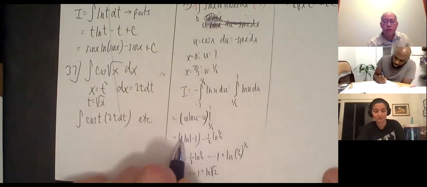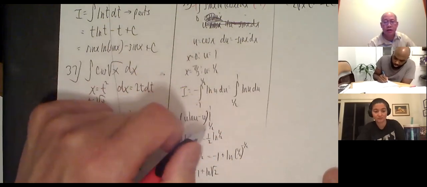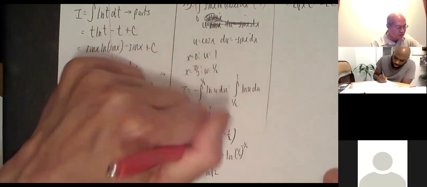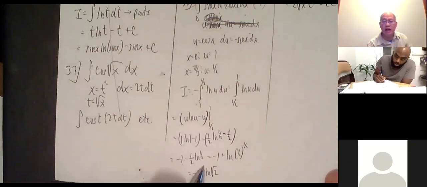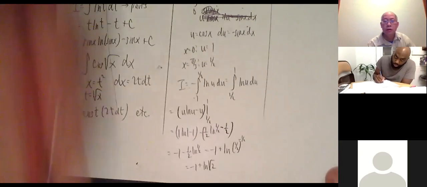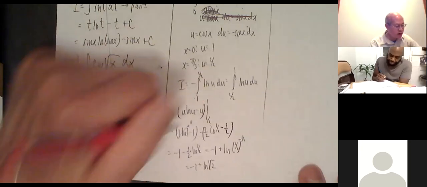Okay, plug in 1: 1 ln 1 minus 1. Plug in a half: negative a half ln 1/2. Sorry, I should have had minus a half here. Sorry, I messed up there. Minus a half. Okay, so let me see if I did this right. ln 1 is 0, so that goes away.